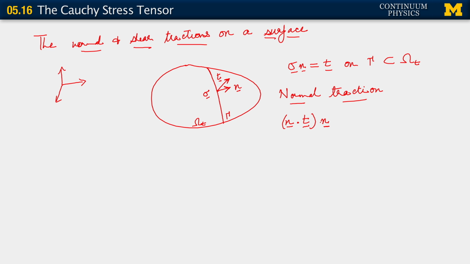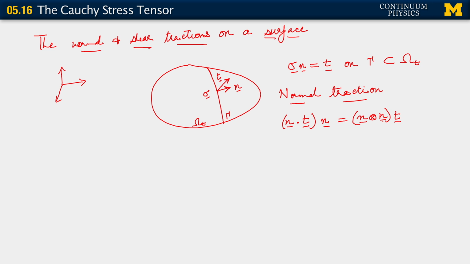The way this can be applied to t is the following. Invoking the idea of our tensor product or the dyadic product, we have n tensor n as a second order tensor acting on t. And you see how this works, because the second n, the n on the right hand side in that tensor product, is dotted with t, and that's multiplied by n.